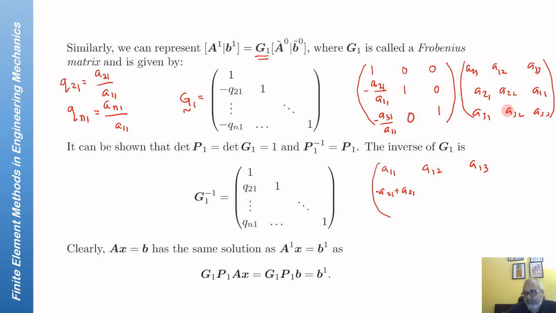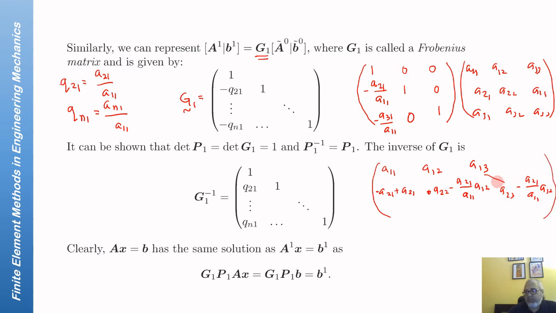This multiplied with this will give you a22 into a22 minus a21 by a11 into a12, and this will give you a23 minus a21 by a11 into a13.